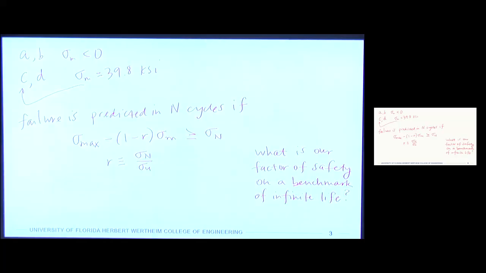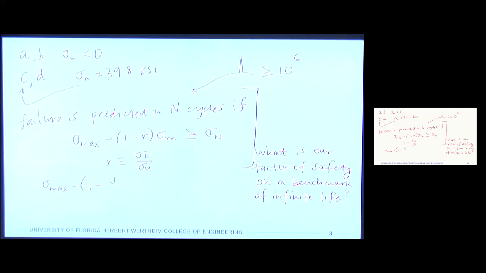Okay. And in order to do that, we could use this failure equation here. Failure is predicted in N cycles. Well, N cycles is now 10 to the 6th. Then this equation is true: failure would be predicted if sigma max minus (1 minus R) times the mean stress, and R is defined there. The sigma n at infinite life is the endurance limit.